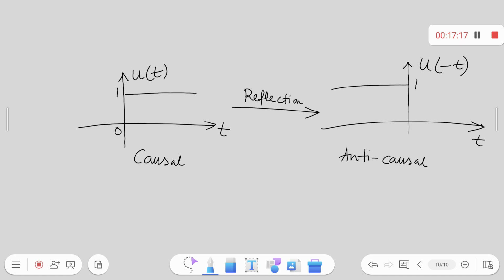This is anti-causal and this is non-causal. So you have the bigger set of non-causality, and within that you have a small subset which also obeys the anti-causality property. So that is the reflection.